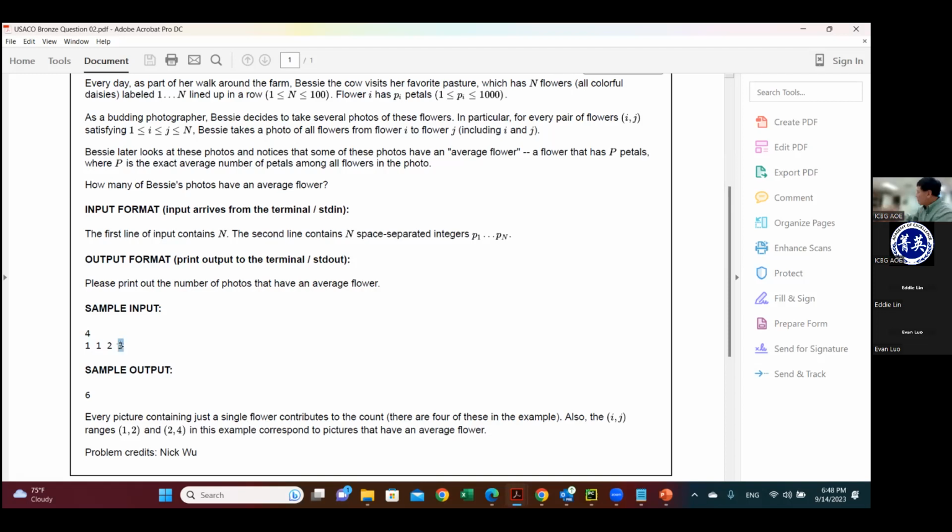When you take a picture, you take a picture of this one and take it all together. So you can take each one, and then you can take two neighboring each other, or you take three that come continuously, right? So you can't take one, three, five, you know.